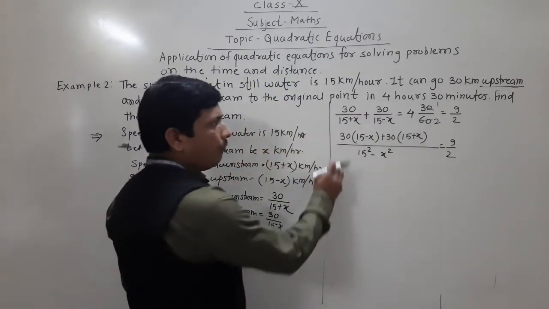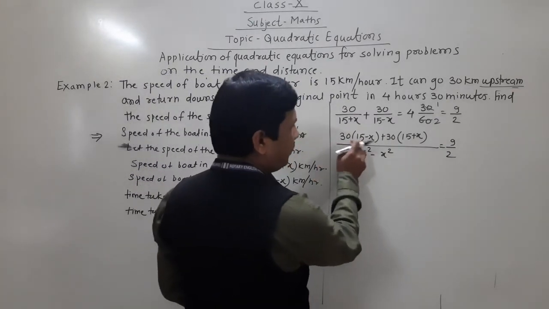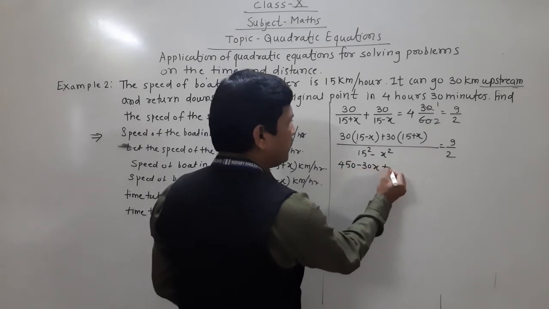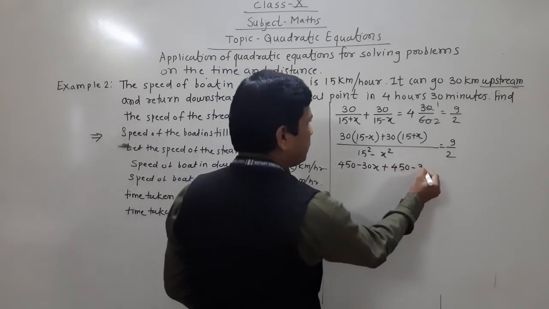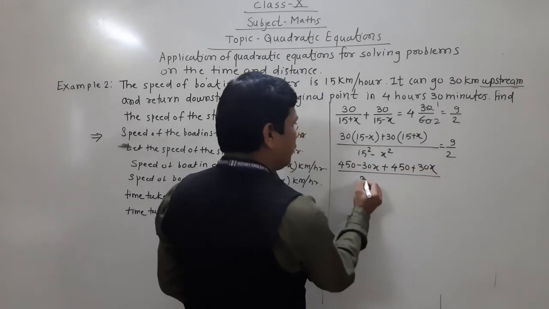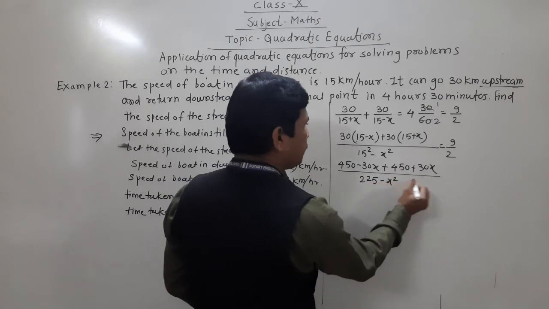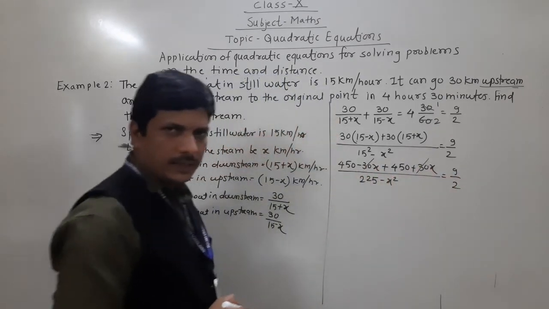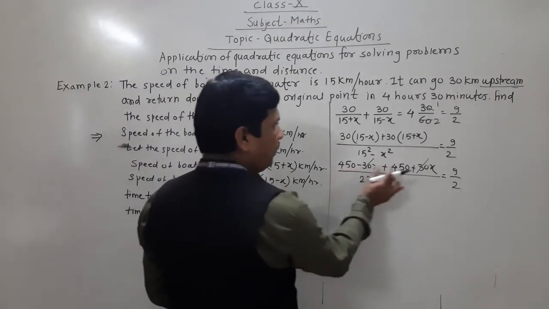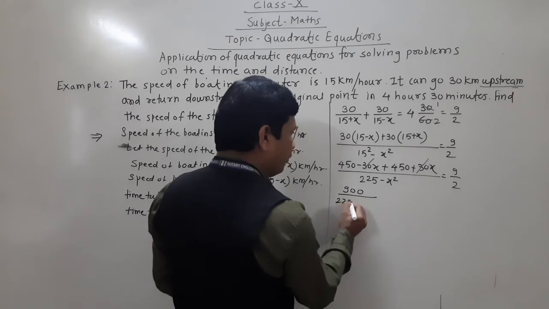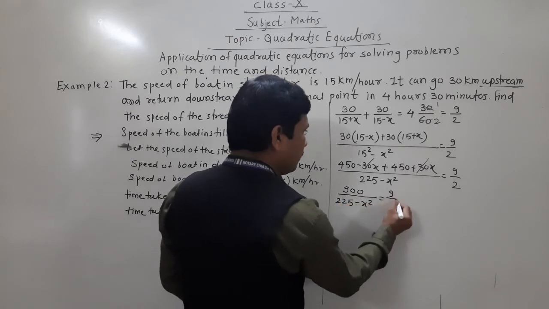Now 30 into 15 is 450 minus 30x plus 450 plus 30x, divided by 225 minus x square is equal to 9 by 2. So plus 30x and minus 30x will cancel. Now 450 plus 450 is 900 upon 225 minus x square is equal to 9 by 2.